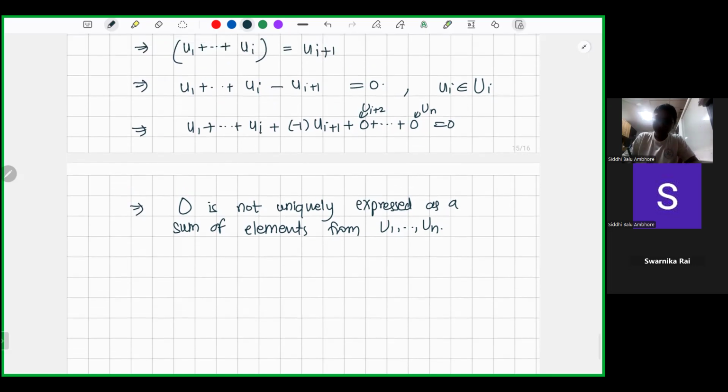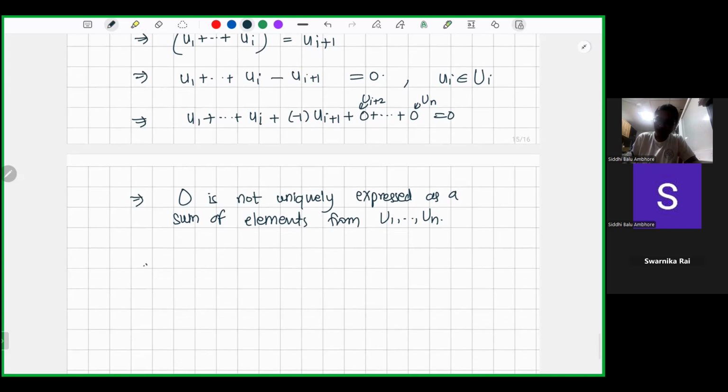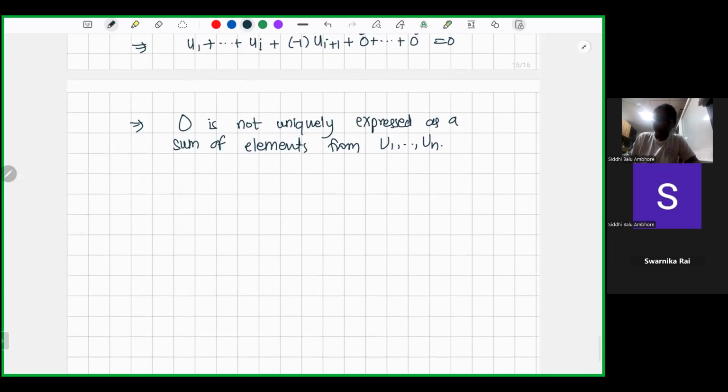So that's what I'm saying. So as the sum is a direct sum, the expression of 0 must be unique.